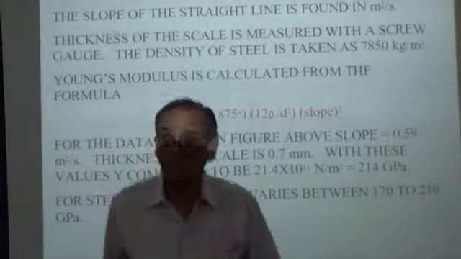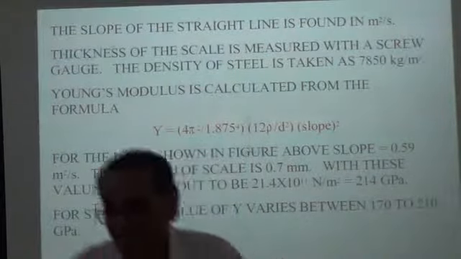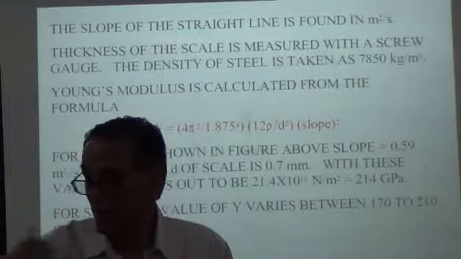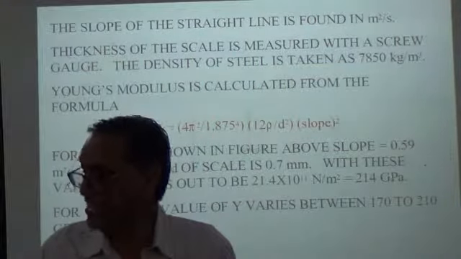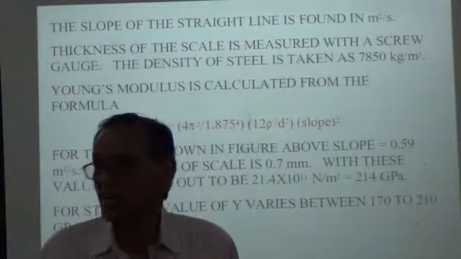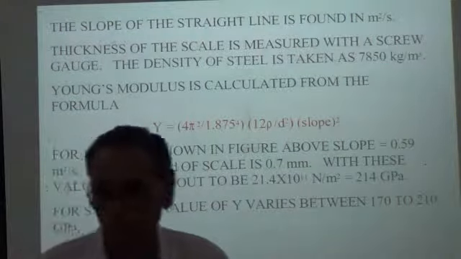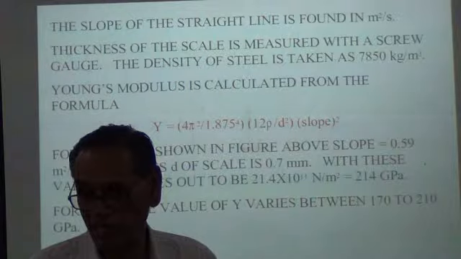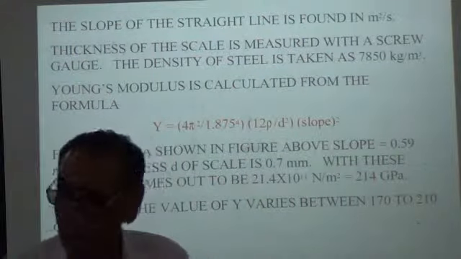So calculate the modulus and get the ratio f2 by f1 for the different lengths. Take the average value, which should be close to 6.22. You may get a value 6.5, 6.4, that's okay.